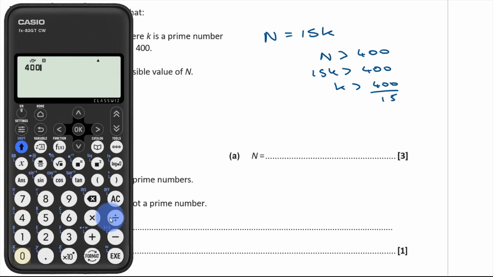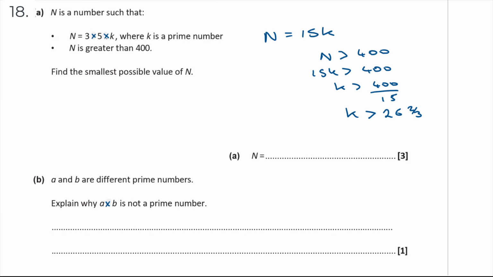Okay, so 400 divided by 15, that is 26 and 2/3, so k is greater than 26 and 2/3. So presumably the smallest possible value for n is going to be the smallest possible prime number that is bigger than 26 and 2/3. Well, the next prime number along would be 29.